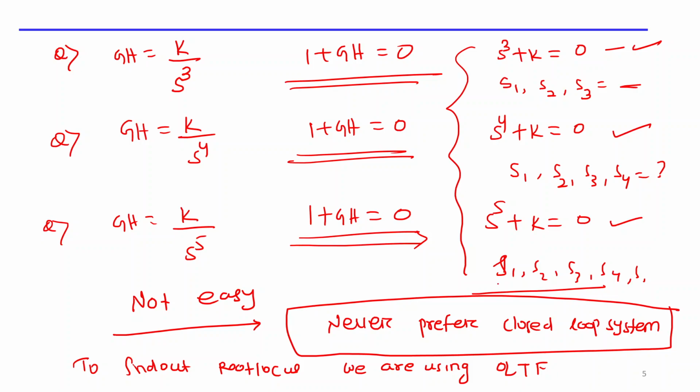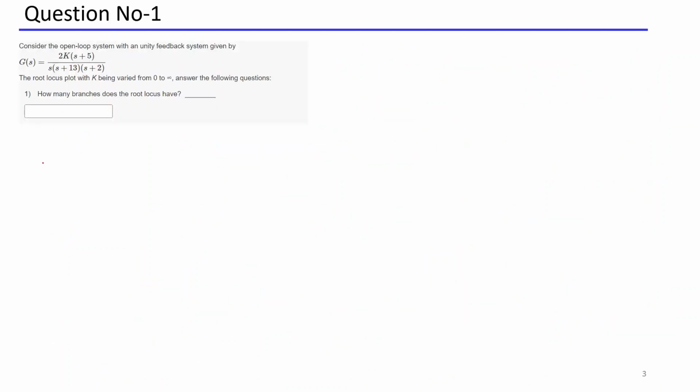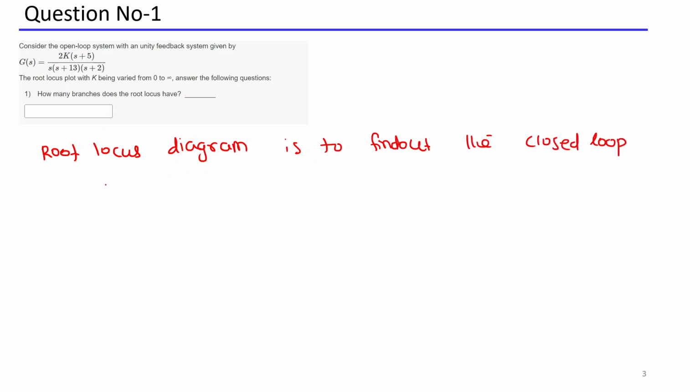So what I'm going to say is, root locus diagram is to find the closed loop system by using the open loop transfer function. Means we are finding the root locus of the closed loop system, but by using the open loop transfer function, not by using the closed loop transfer function. That's the point. It should be clear from the first definition.